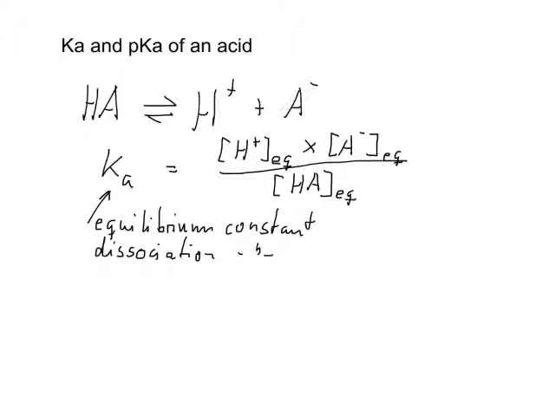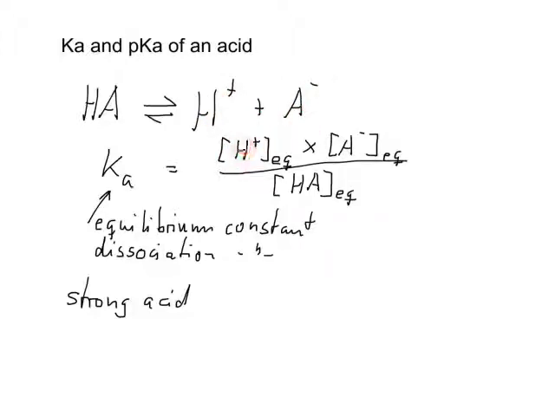And now if we have a very strong acid, what will happen? In the case of a strong acid, the amount of protons and base is very high because the acid will pretty much dissociate more or less completely into proton and the base.